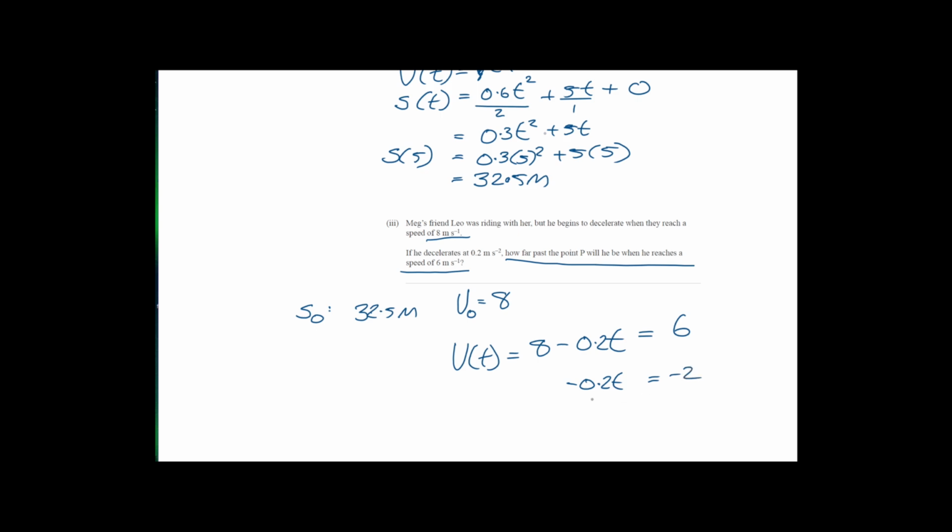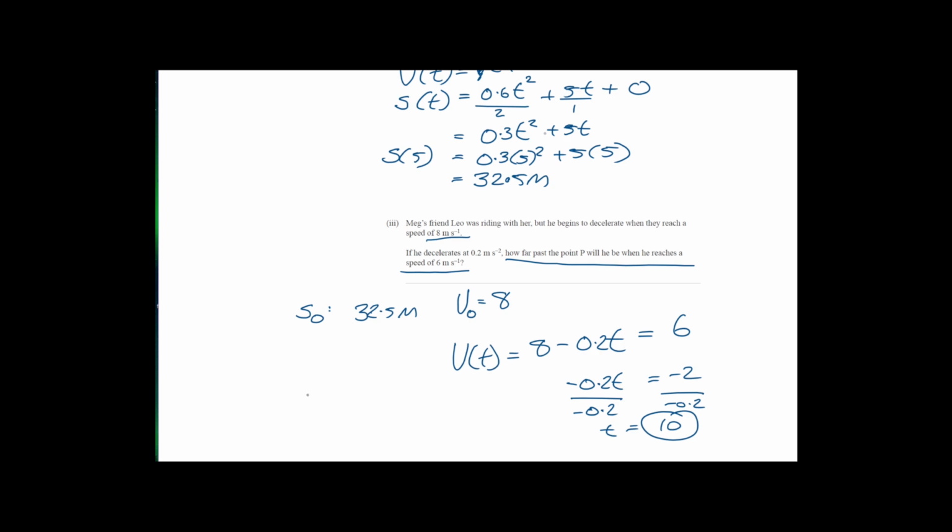Minus 2. Divide both sides by that. So he will reach 6 meters per second after 10 seconds.